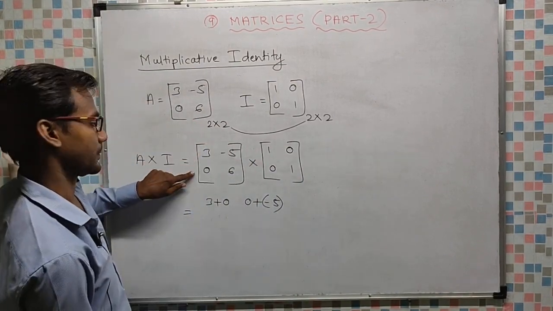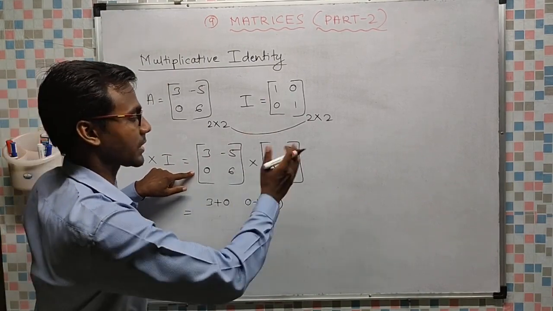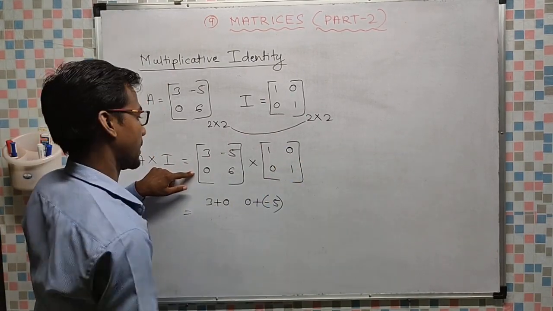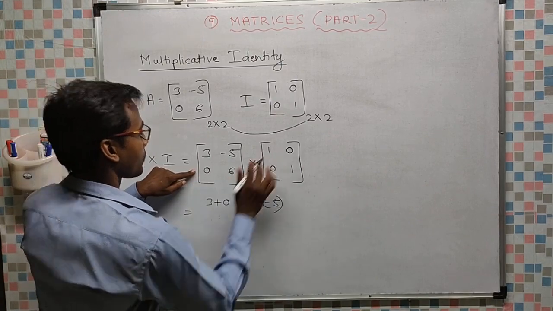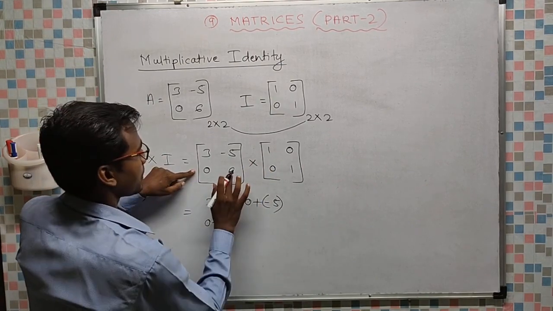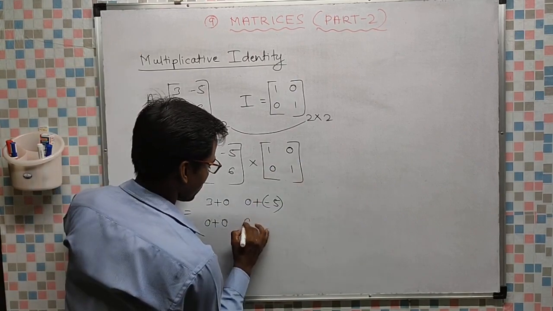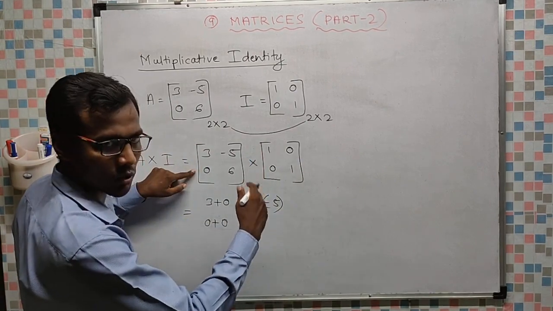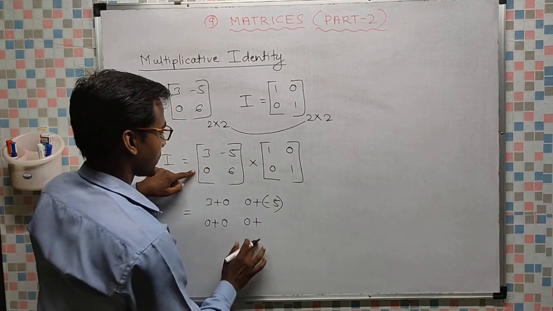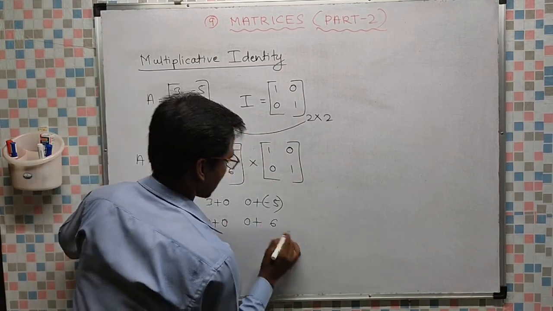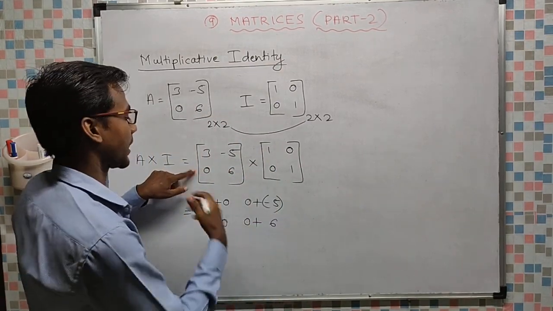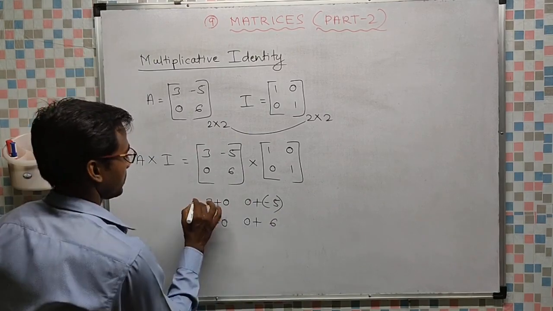Now move to second row. Second row into each column of the second matrix. 0 into 1 is 0, 6 into 0 is 0. Always plus. 0 into 0 is 0. Second column. 0 into 0 is 0, 6 into 1 is 6. All the columns are over, so the second row is also over.